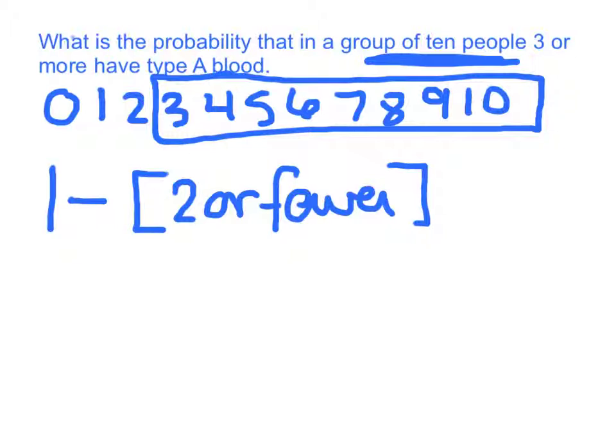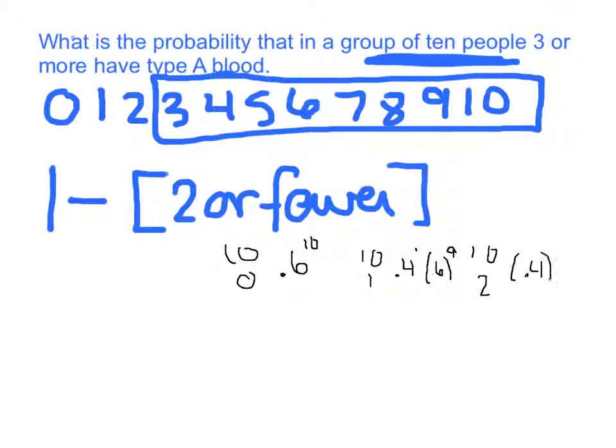It would be 10 choose 0 plus 10 choose 1 plus 10 choose 2, and this would be all of them don't have type A, all 10. This would be 1 has type A and 9 do not. And this would be 2 have type A and 8 do not. And you would add these guys all up, and that would give you the probability.